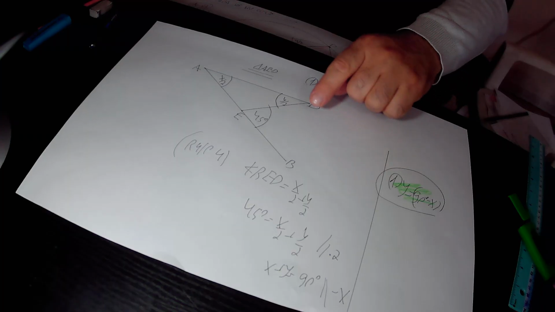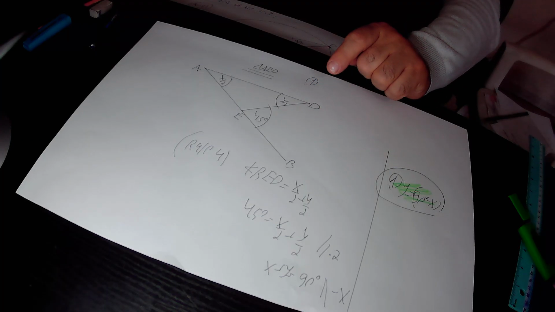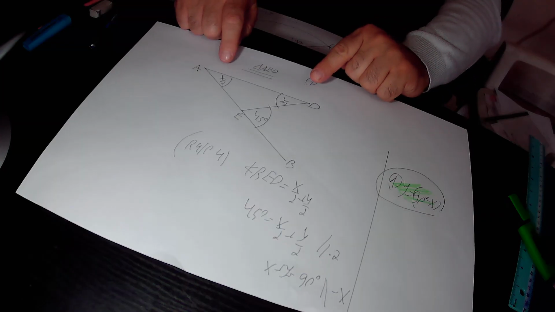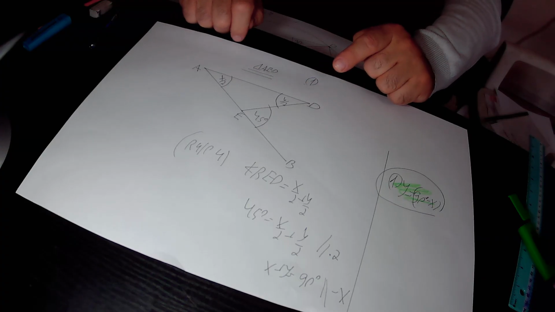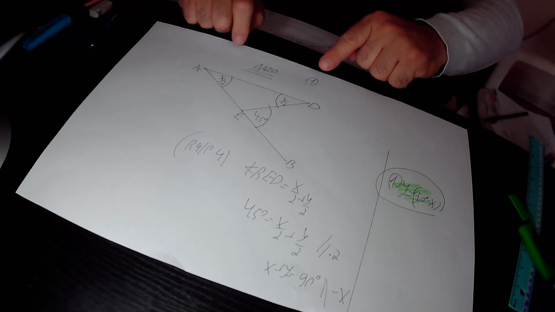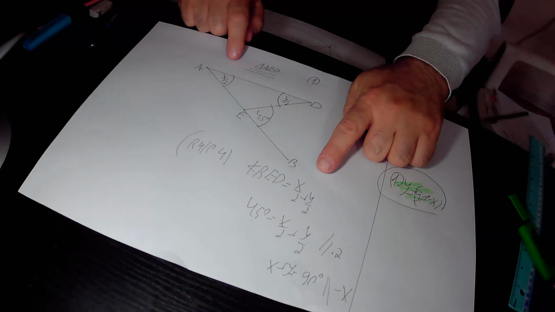According to rule 4, the size of the external angle DEB must be equal to the sum of the two interior angles that are not adjacent to it. The two interior angles that are not adjacent to it are x over 2 and y over 2. So angle DEB equals x over 2 plus y over 2.